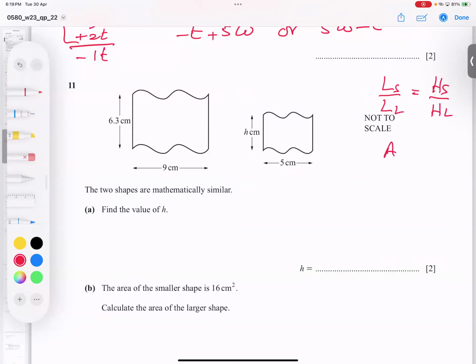But in case area is involved, area of small by area of large equals height of small by height of large, but I have to take the square of the heights. Volume of small by volume of large equals height of small by height of large, but I have to put power 3.